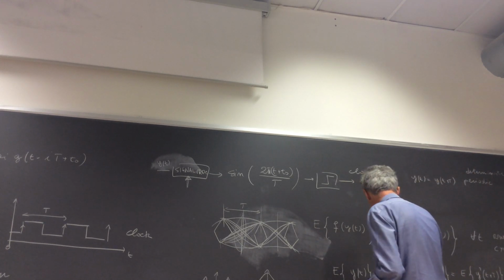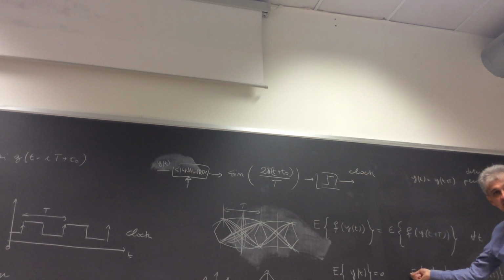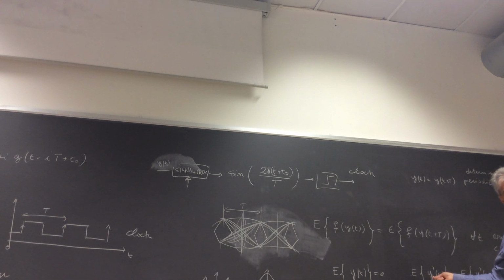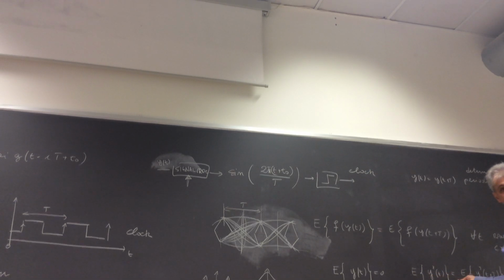Okay? Then we make the same after capital T seconds. Well, we see that these two are the same. We get the same number. So the mean value of the second order moment is periodic.